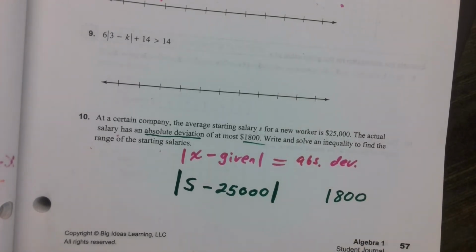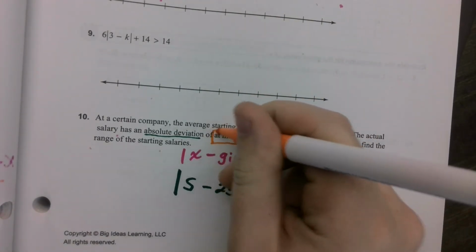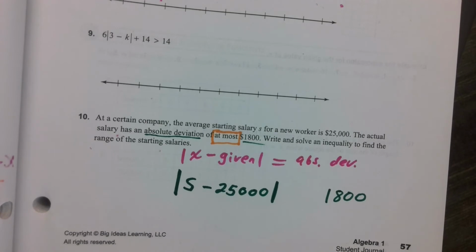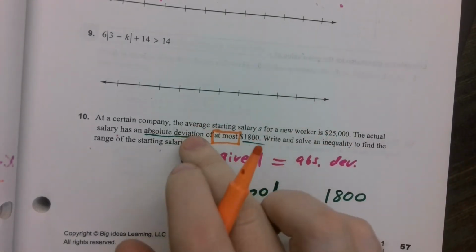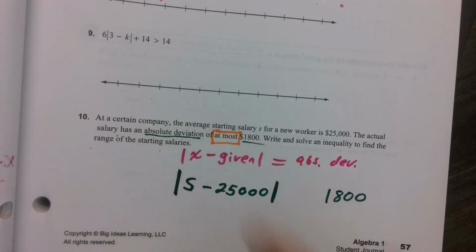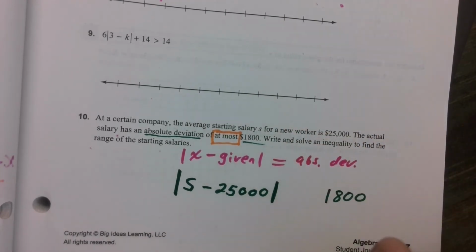Now's where we've got to think about what symbol to put in between. The words it gave us were that the absolute deviation is at most $1,800. What does that mean in terms of the problem? Can our salary be $1 million? No, because if we're starting at $25,000 and our absolute deviation is at most $1,800, it means it's not going to be much higher or much lower than $25,000.